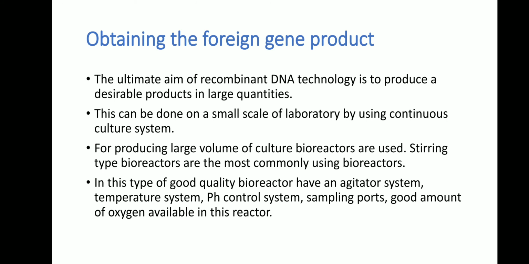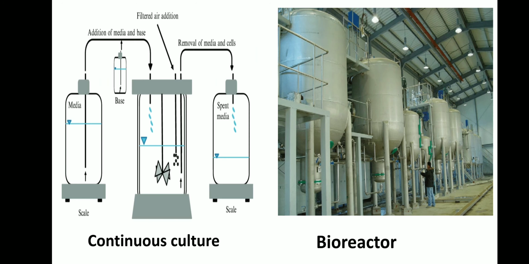How do we obtain this foreign product? For large scale production, industrial use, a bioreactor is used, and for small scale production, like laboratory conditions, a continuous culture system is used. What is a continuous culture system?